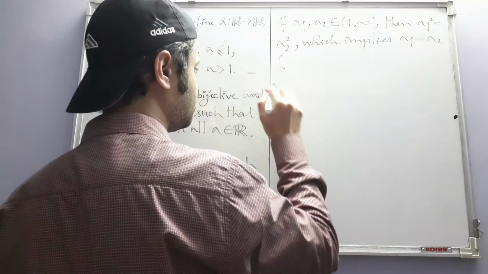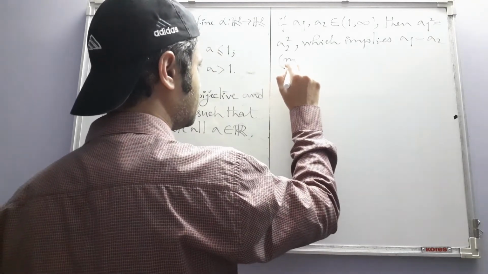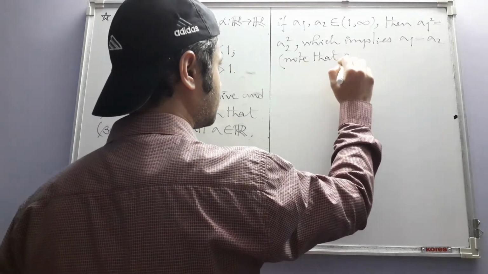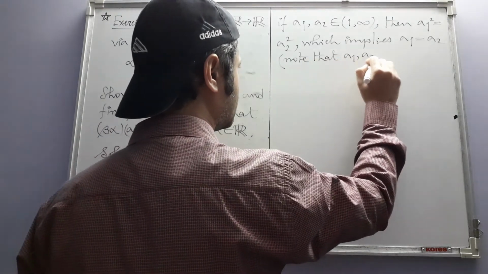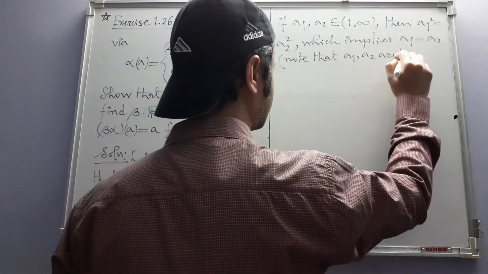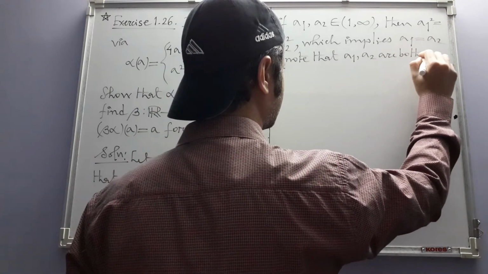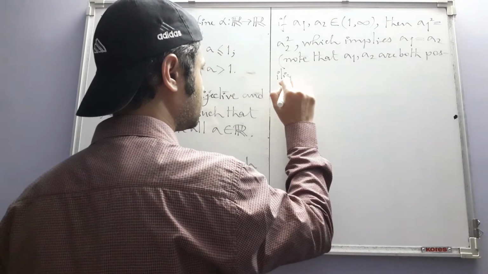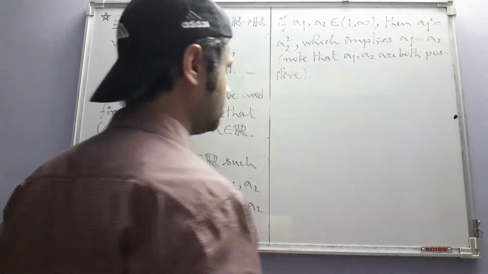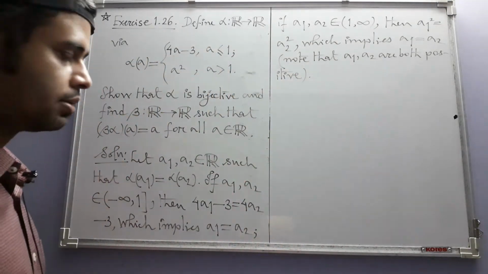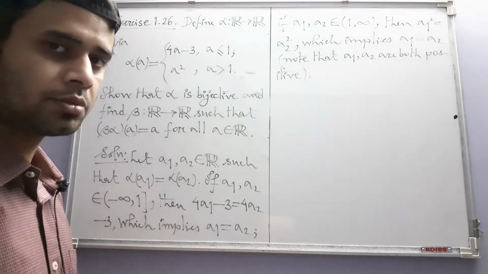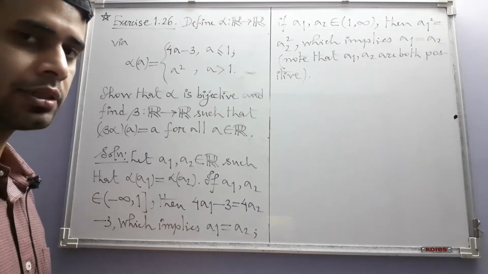In fact, within brackets you can write, note that a1, a2 are both positive. Fine. So in both these cases, the inputs turn out to be equal, but they are not all the cases.